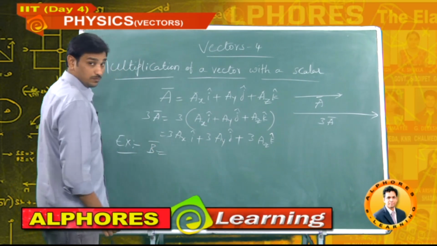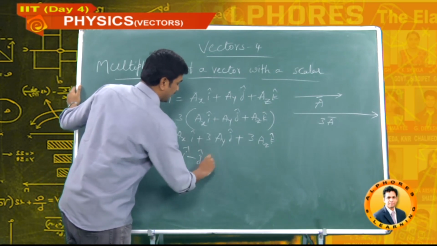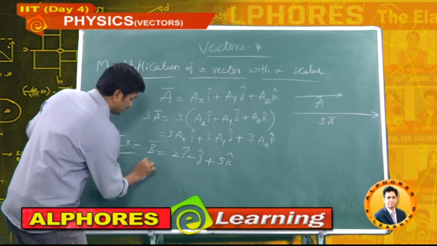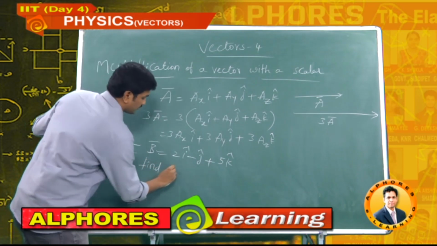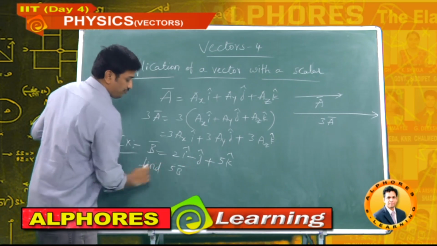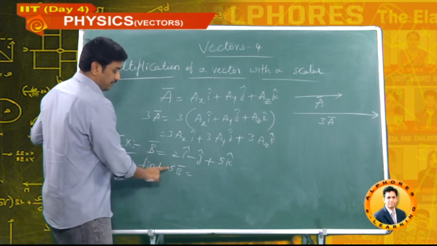Suppose one example: b bar is equal to 2 i cap minus j cap plus 5 k cap. Find 5 b bar. What is the value of 5 b bar? Multiply the vector with 5.